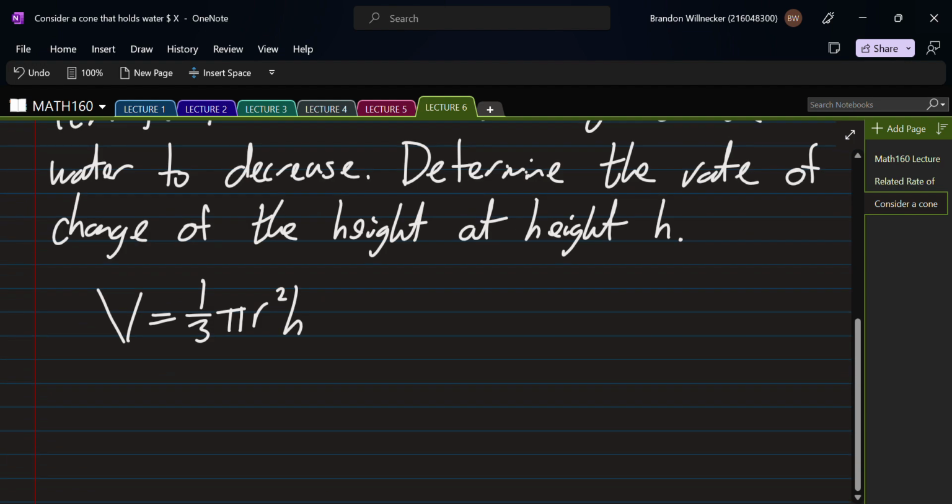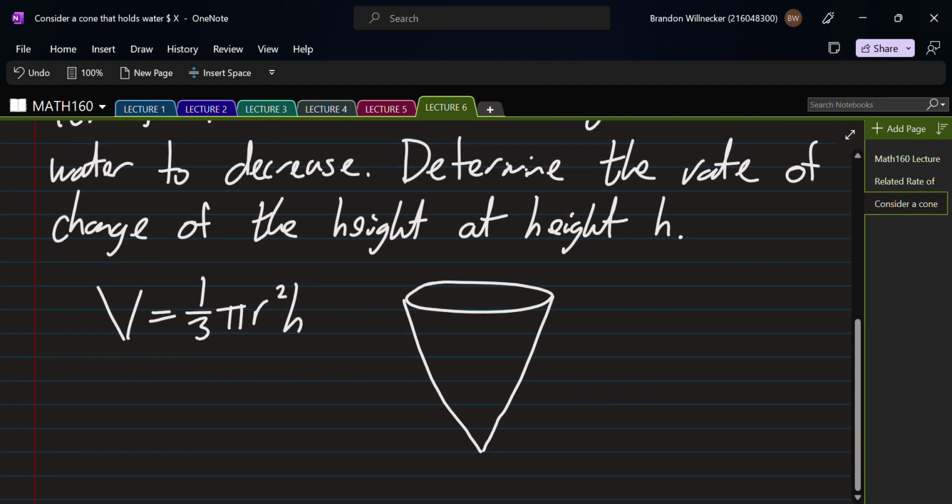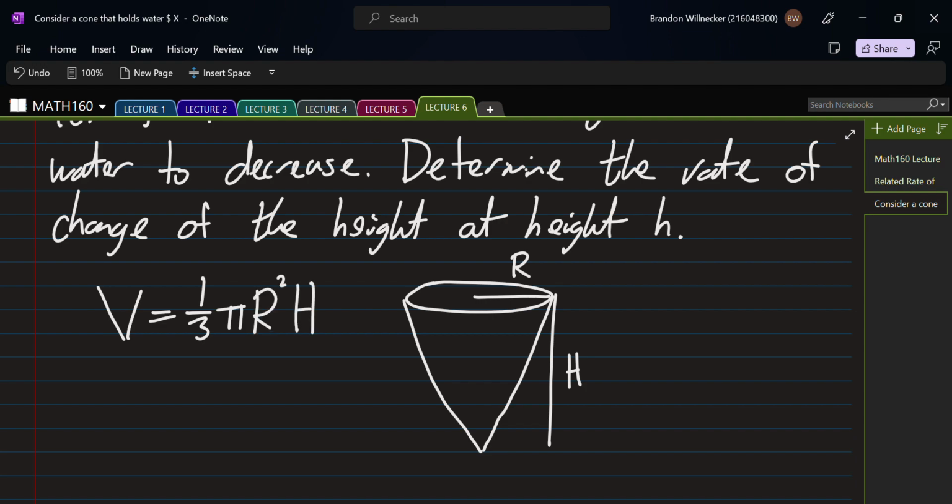So let's start off with a picture. Let's put this as a capital H so we don't confuse things. So we'll put capital R for the base radius and capital H for the height. So it will be 1/3 pi capital R squared capital H. That's just to not confuse this.